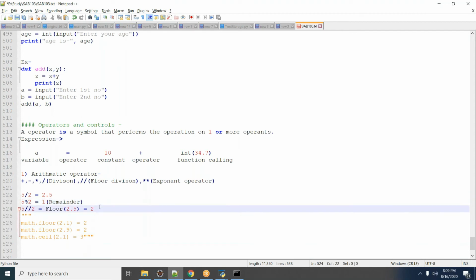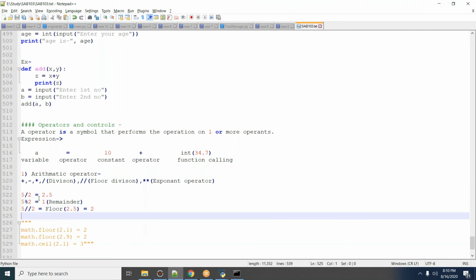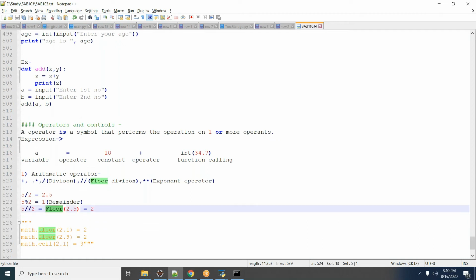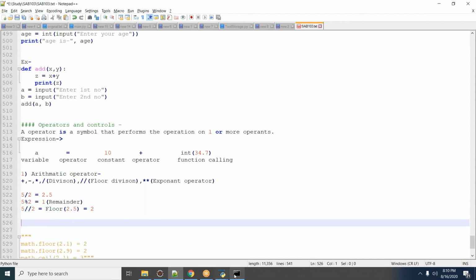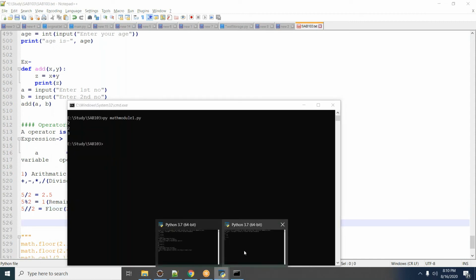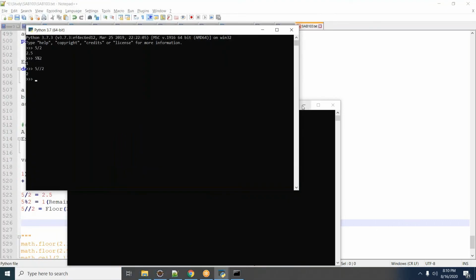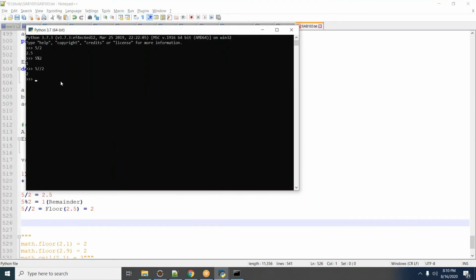Okay, so yes, this we discussed. It is the floor of division. So floor of 2.5 means 2, so the answer will be 2. In the same way, if I use 10 divided by 3, the output will be 3.3333.